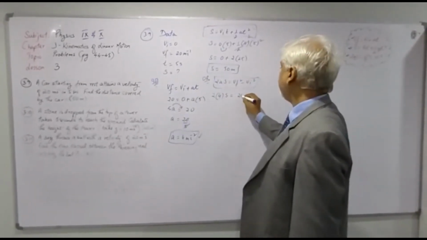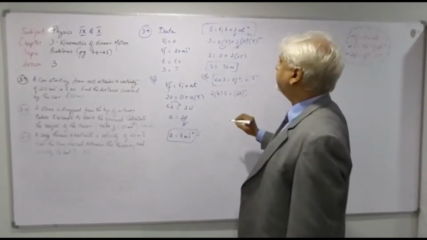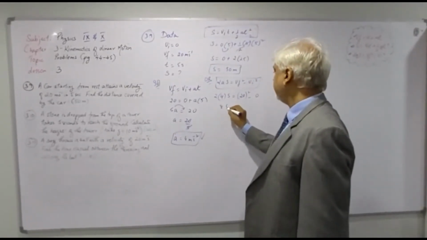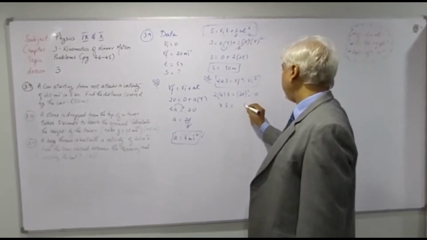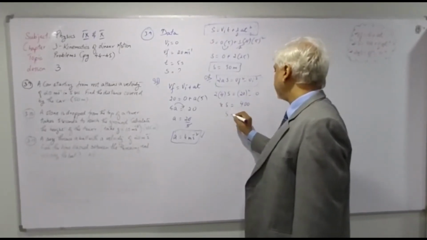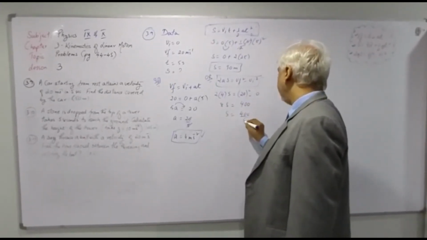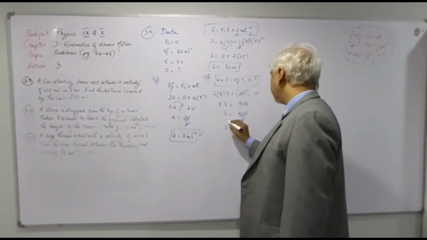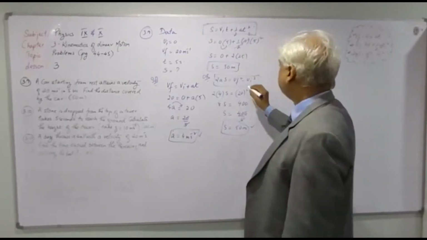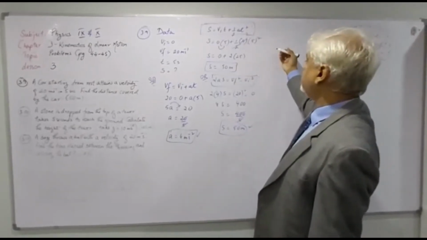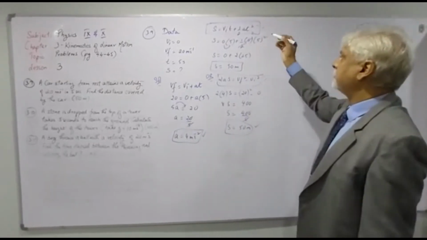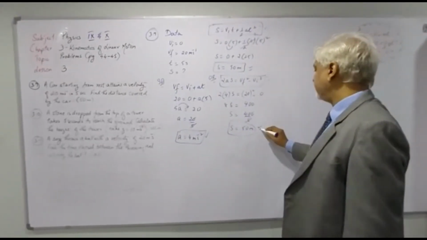Final velocity is 20, the whole squared, minus initial velocity 0, 0 squared will give you 0. 2 4s are 8, and 20 squared will give you 400. So s is equal to 400 divided by 8, 8 will go into 40 five times, so 50 meters. So whether you use 2as is equal to Vf squared minus Vi squared, or s is equal to Vit plus half at squared, you'll get the same answer, that is 50 meters.